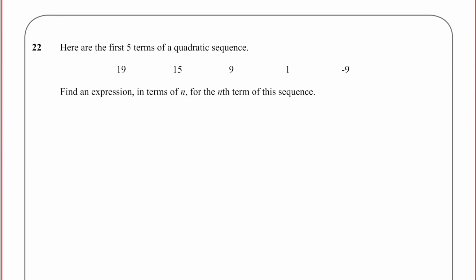Question 22. Here are the first 5 terms of a quadratic sequence. Find an expression in terms of n for the nth term of the sequence. So the nth term of a quadratic sequence is going to be in the form an squared plus bn plus c. And we can tell it's a quadratic sequence because the second difference will be the same. So the first difference, we can see it goes down 4, down 6, down 8, down 10.